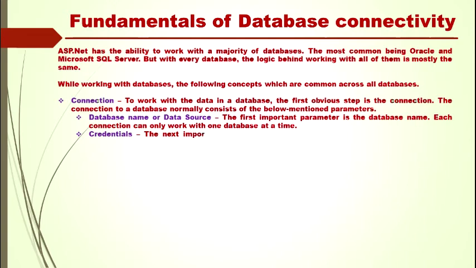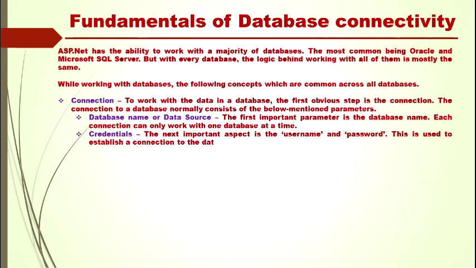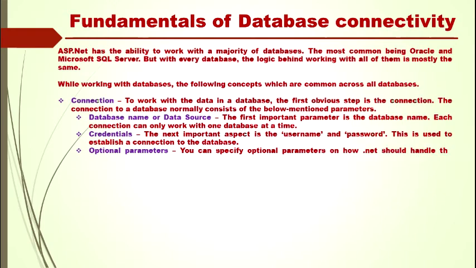Next, credentials. The next important aspect is the username and password. This is used to establish a connection to the database. Next, there are optional parameters. We can specify optional parameters on how .NET should handle the connection to the database.